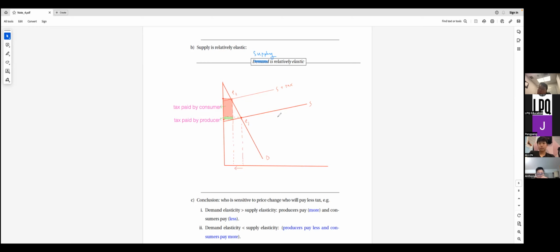Okay, so this time which one is bigger? Whose tax burden is bigger this time?